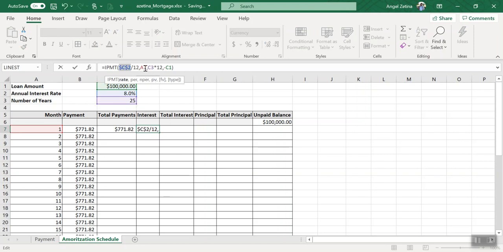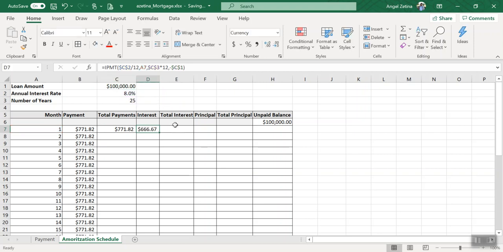We want the month to change, right? We want these to change. So we keep it as relative, F4 for the number of years because it's still 25, and the loan amount doesn't change. So that's $666.67.